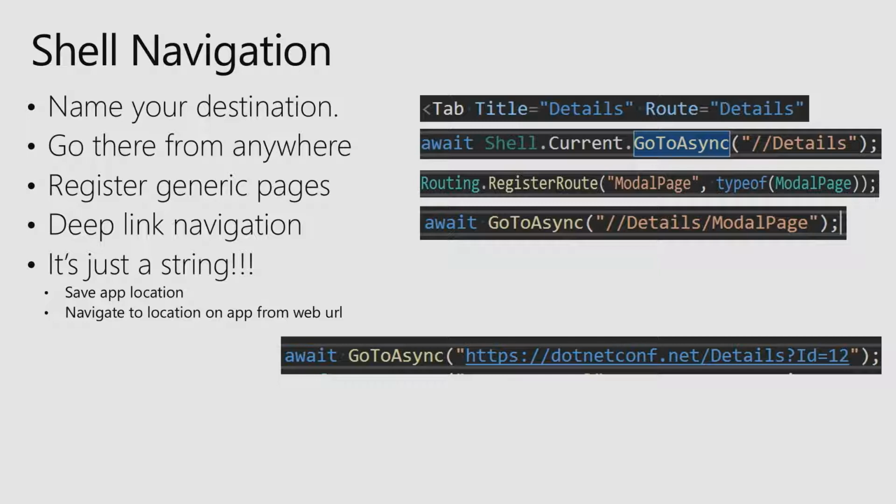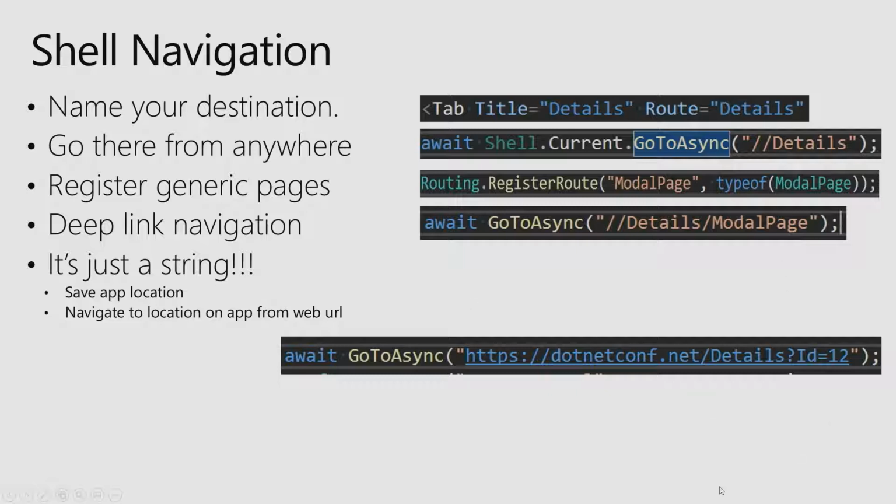As you're navigating around, you can see where you're going to, and then you can say, hey, I need to save the location that I'm at currently, and then use that later on, which I'll demonstrate in the demo as well. You can also navigate to any locations from a web URL, which is really cool for deep linking.